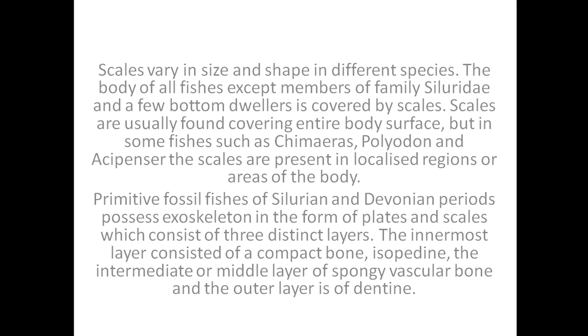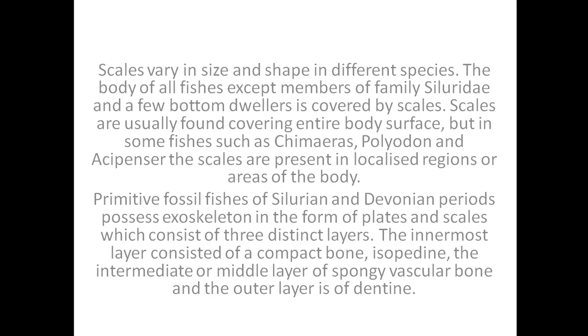Usually the fishes of the Silurian and Devonian period, their scales or plates were made up of three layers. The innermost layer had a compact bony element known as isopedine.